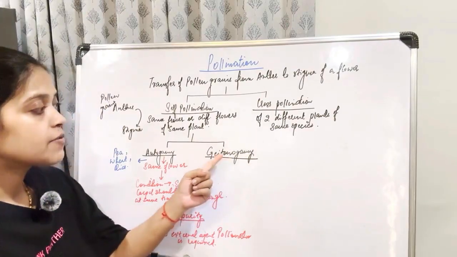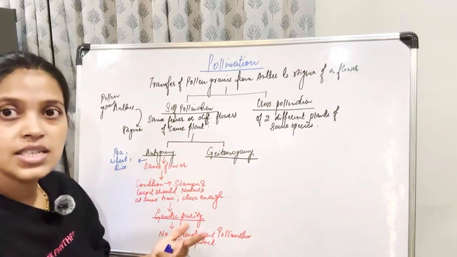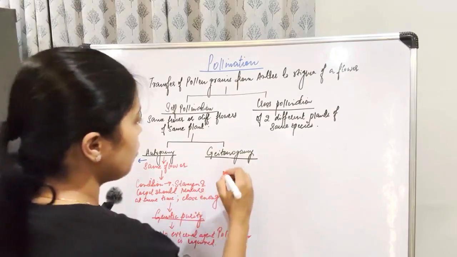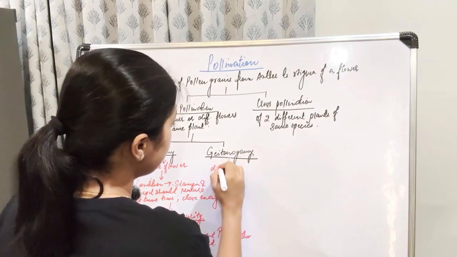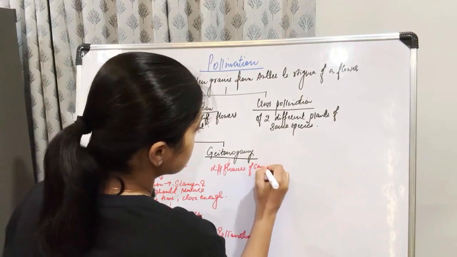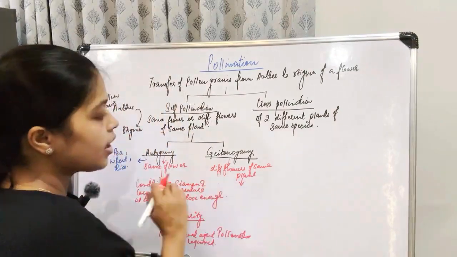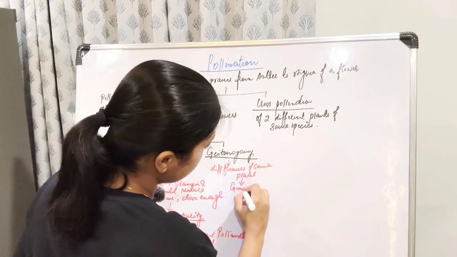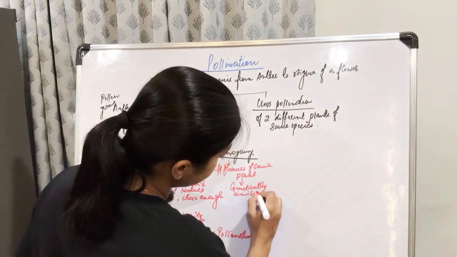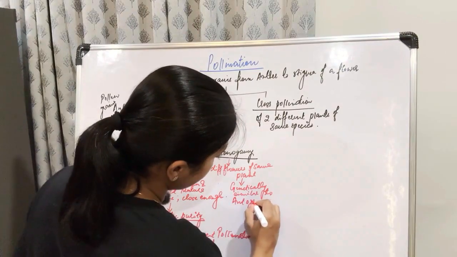So Geitonogamy flowers are genetically similar to autogamy, since it is happening within the same plant. So there is no genetic variation, okay, between different flowers of the same plant. So here they are genetically similar to an autogamous flower.